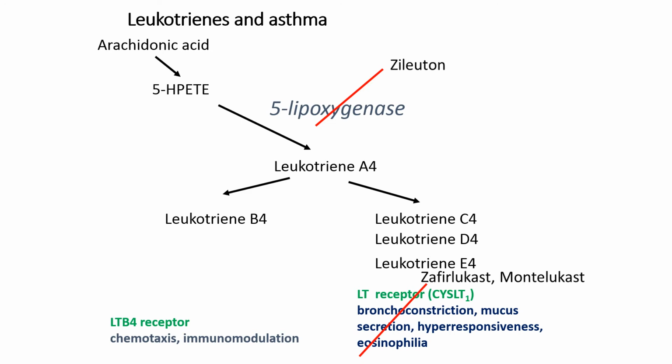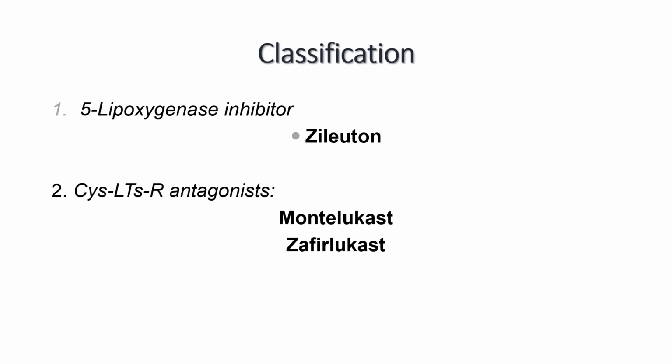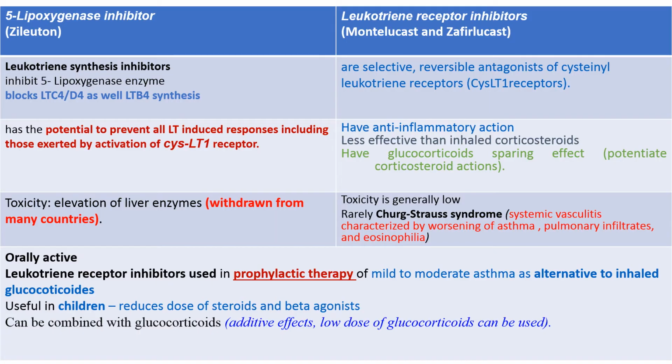Okay. Now let us see the advantages and disadvantages of these two drug classes, that is 5-lipoxygenase inhibitor and cysteine leukotriene receptor antagonist. Now 5-lipoxygenase inhibitors are also known as leukotriene synthesis inhibitors. Why?